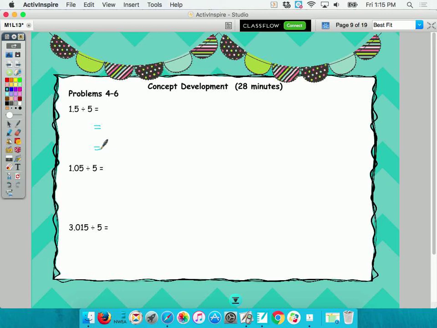So how would I change 1 5/10 to unit form? 15/10, okay? So 15/10 divided by 5. Okay, so go ahead and do 15 divided by 5, which is really 5 times something equals 15, right? The answer is 3. So it's 3/10.